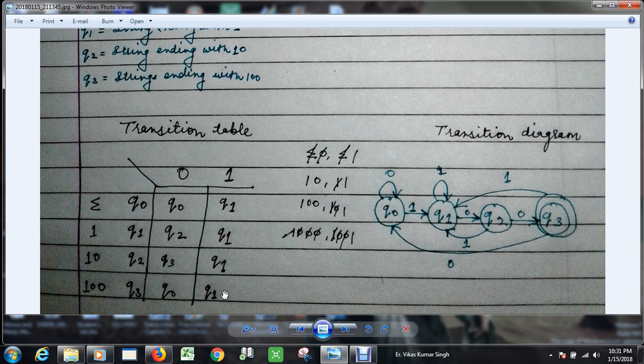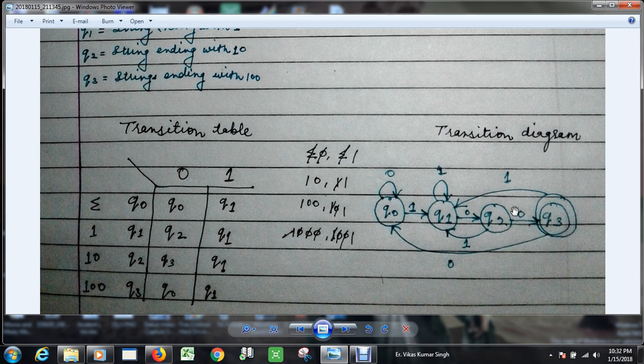So we completed the transition table, and it's now time to make the transition diagram. We have already completed 60% of this question, so the remaining 40% is very easy. According to our transition table, we will create the transition diagram. Here are all our states Q0, Q1, Q2, Q3.